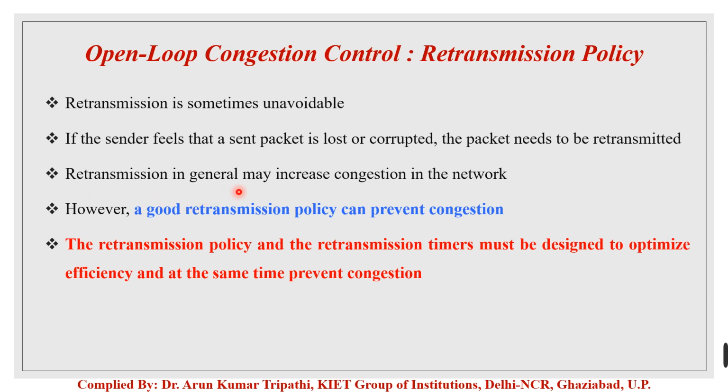The retransmission in general may increase the congestion on the network, because the same packet is going again and again on the network. So definitely it will increase the congestion. However, a good retransmission policy can prevent the congestion. If the packet has not reached the destination, then it must be sent once again. So we cannot avoid the retransmission, but we should design a good retransmission policy that can prevent the congestion.